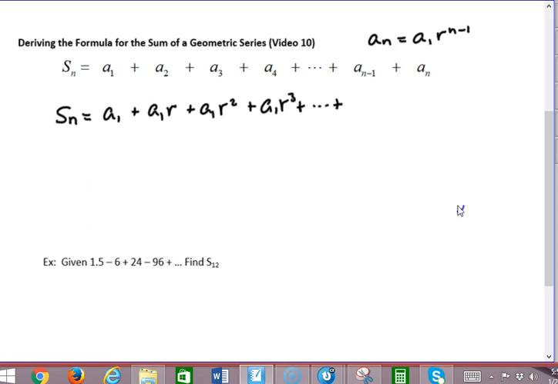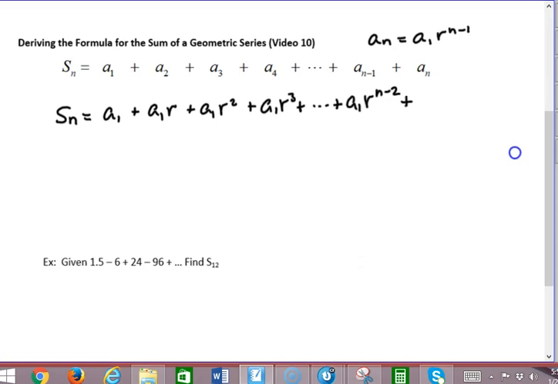and then if this is a sub 1 times r to the n minus 1, the term before that would be n minus 2. In other words, to get to term n minus 1, I would need to multiply by r n minus 2 times. So this would be a sub 1 times r to the n minus 2.